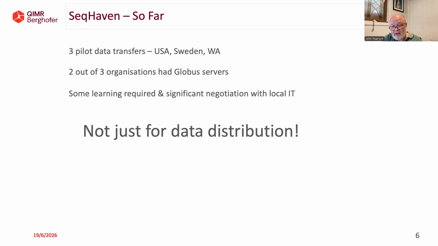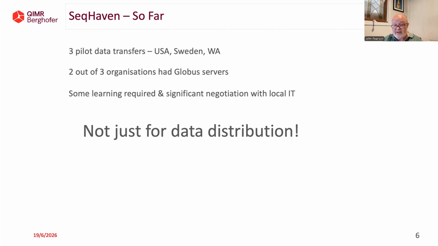But having adopted Globus, I'm really thinking about a lot of things that we would never have thought about in the past. So in the past, we would send our data to Europe, actually, to EGA, because we didn't have the capability to share. There's two huge genomic data repositories on Earth, one in the US and one in Europe.